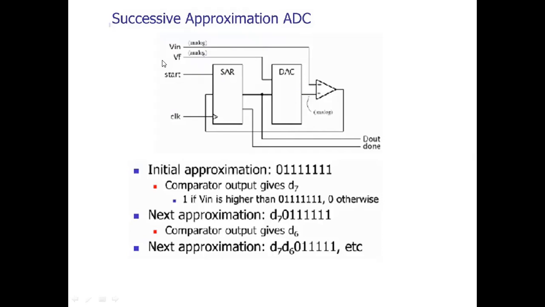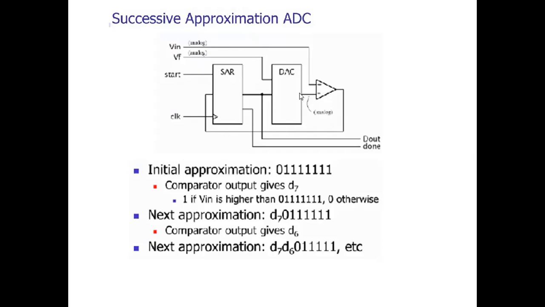We have this input voltage Vin, which is applied to the comparator. VF, the reference voltage, is applied to the DAC, as I'm showing using the mouse, and that will give the analog output.